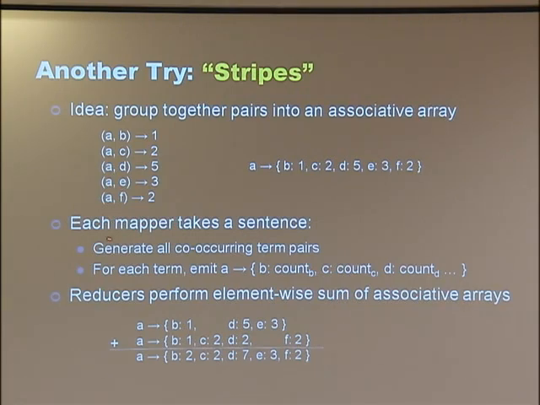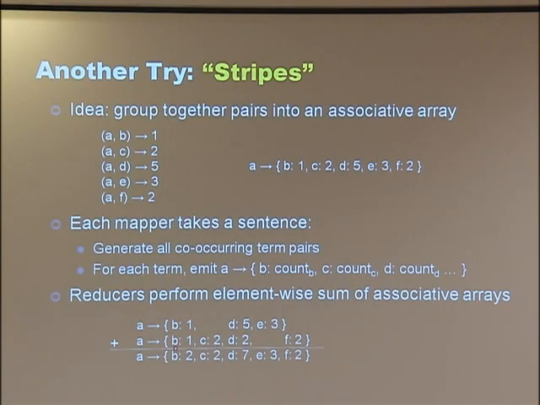Okay, so you're still doing the same thing, except instead of generating pairs, you're generating stripes, associative arrays. You're still going to map over the sentence, but instead of generating pairs, you gather all the co-occurring term pairs within a particular sentence and emit this associative array structure. Well, what do you do in the reducer?